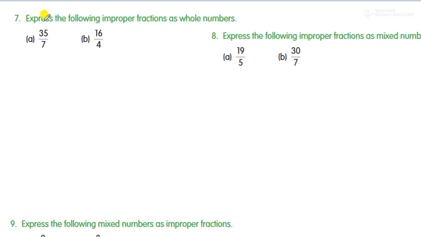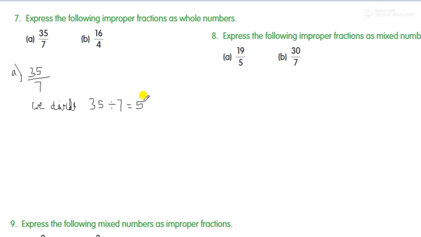Here the seventh bit: express the following improper fractions as whole numbers. A bit is 35 by 7. Here we divide 35 by 7. So 7 5s are 35.